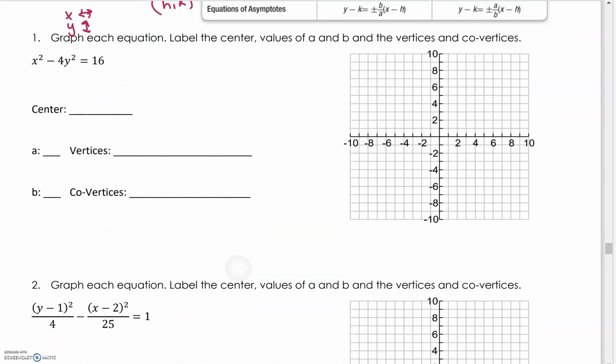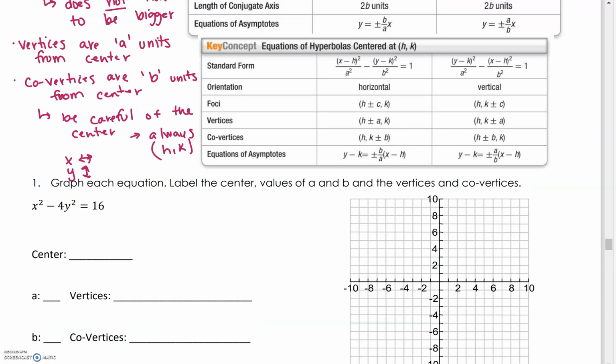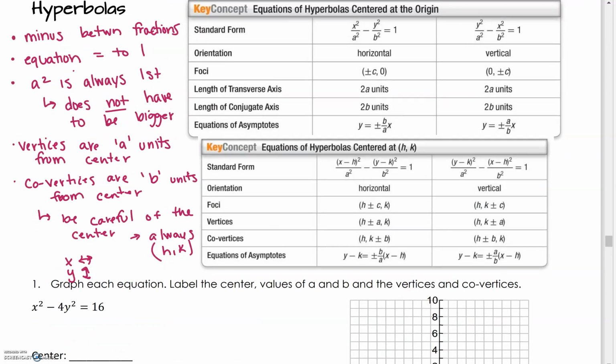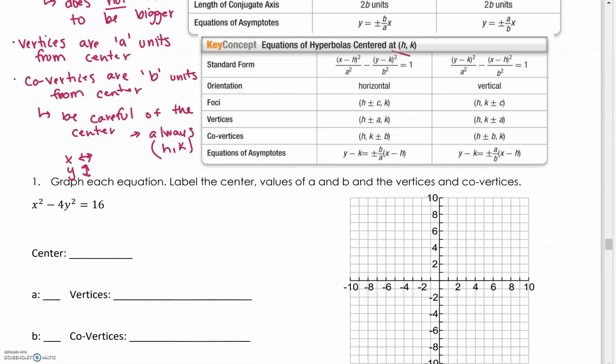Okay, so let's take a look at this example here. We again have two types, but we'll just look at this one: our x minus h squared over a squared minus our y minus k squared over b squared equaling 1.